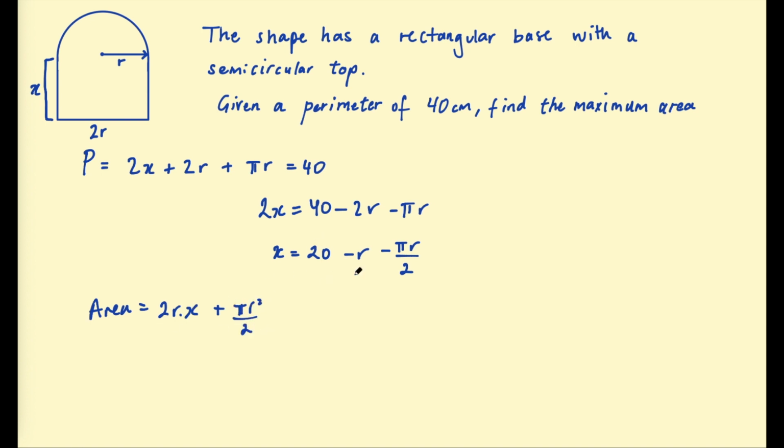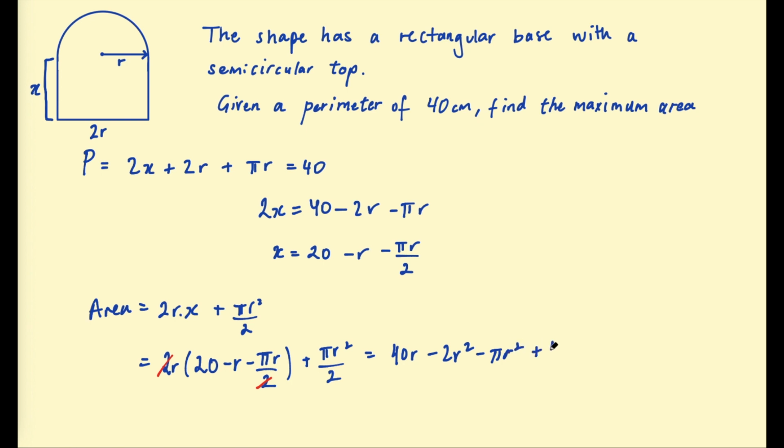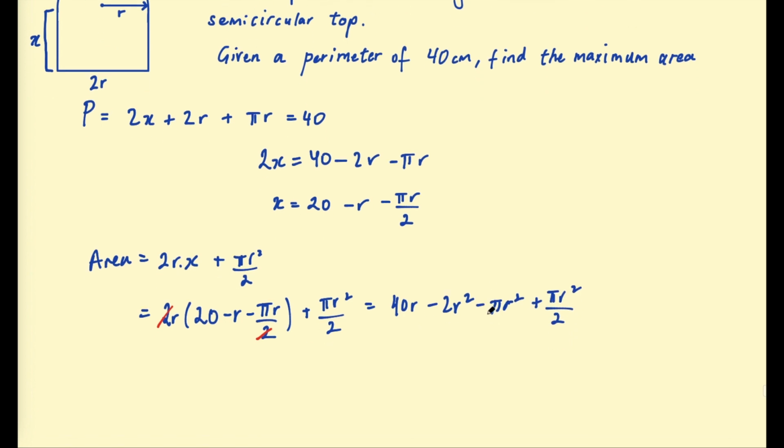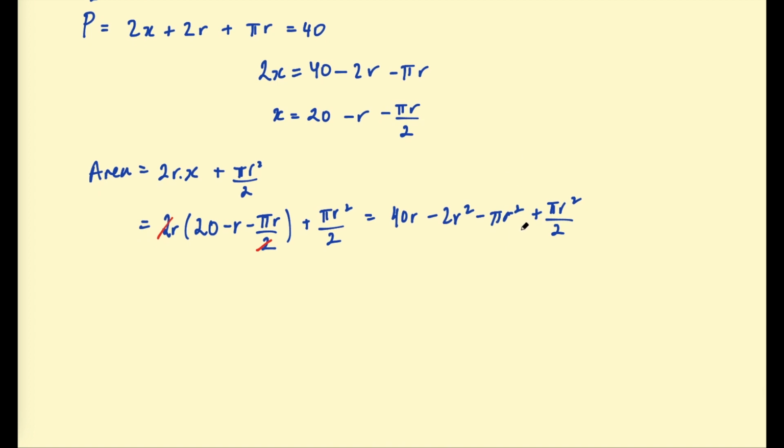And let's substitute this expression for x in here, which will give us 2r times (20 take r take pi r on 2), plus pi r squared on 2. If we expand this out, we get 40r take 2r squared, and those 2's cancel, so we just have take pi r squared, plus pi r squared on 2, which we can simplify further because these are like terms.